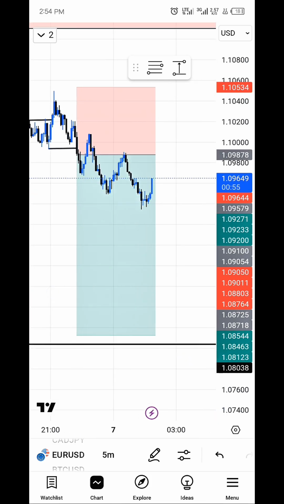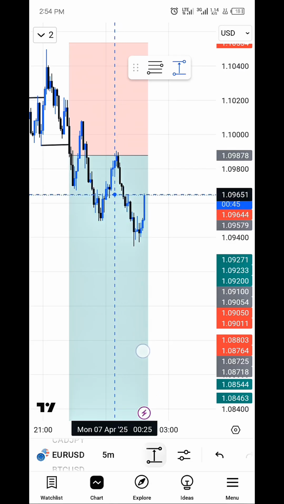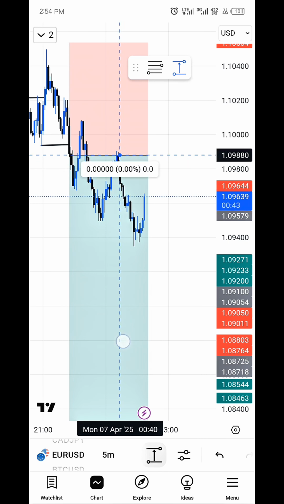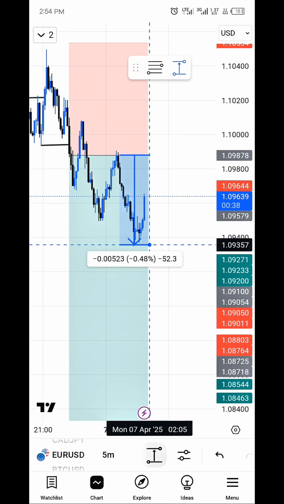So that was the trade that was taken on EUR/USD. This trade has played out. If you use the price range tool from our entry to where the price started reversing here, it's like 52 pips. So 52 pips on an account that is well managed and you're using a good risk to reward ratio, that's some good money if you have good capital.